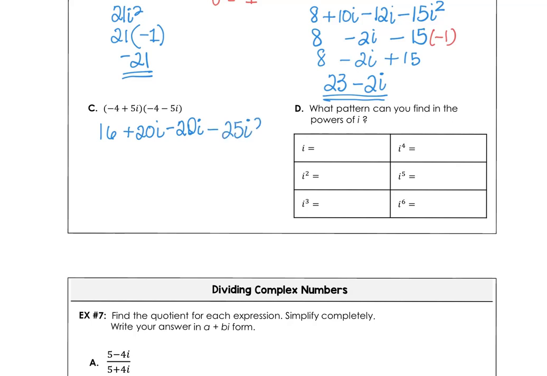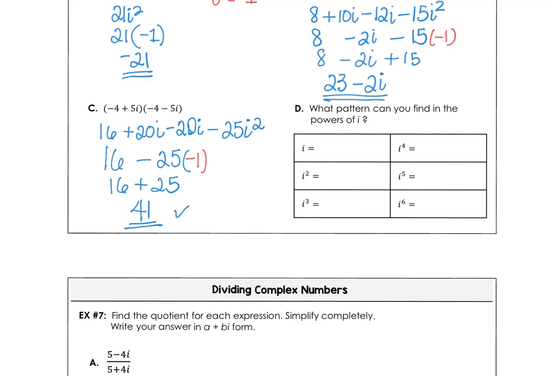But there we have that i squared again. So we have 16 plus 0 minus 25 times negative 1, and that's 16 plus 25. So an interesting feature is when you multiply conjugate pairs, your answer is a constant.